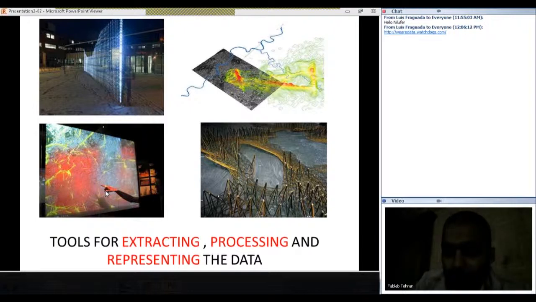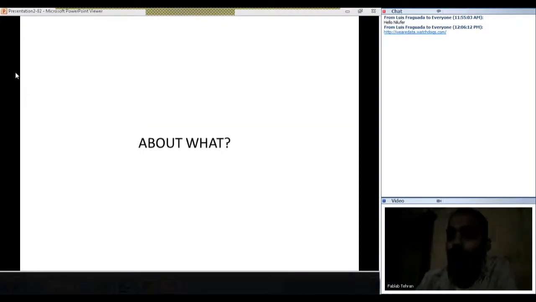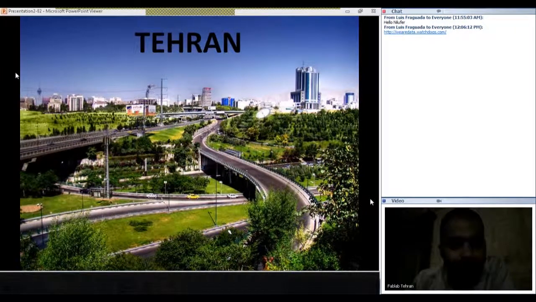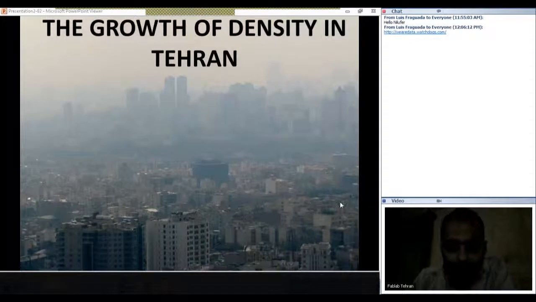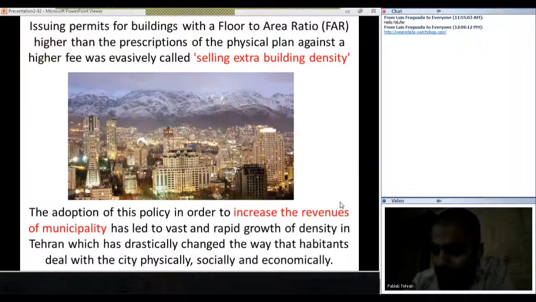But what is the subject that we are collecting the data on and processing? Well, it's about Tehran, our city. To be more precise, it's about the growth of the density in Tehran. If I want to explain briefly the phenomenon, since maybe 2 or 3 decades ago, we have an explosion of density in Tehran.